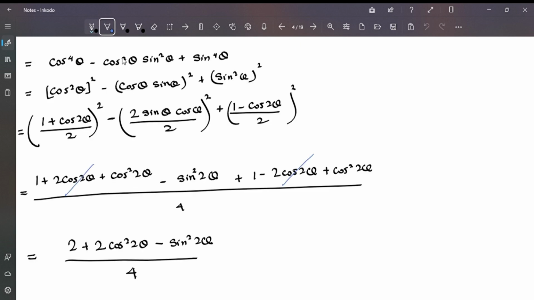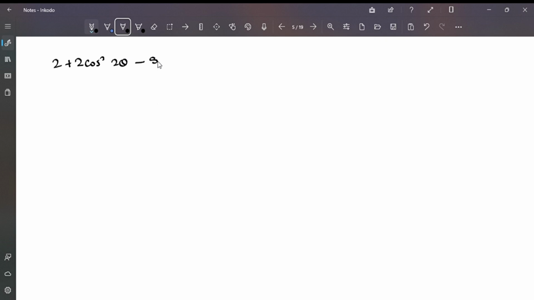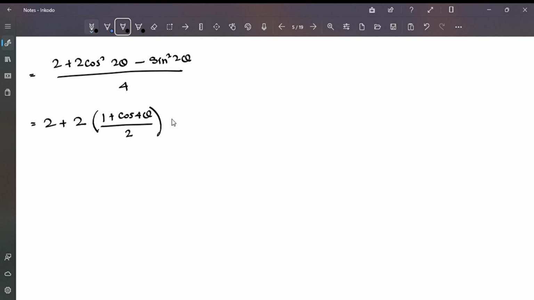What will you get? 2 plus 2 cos square 2 theta minus sin square 2 theta, everything divided by 4. 2 cos square 2 theta is 1 plus cos 4 theta over 2, minus sin square 2 theta is 1 minus cos 4 theta over 2, everything divided by 4.